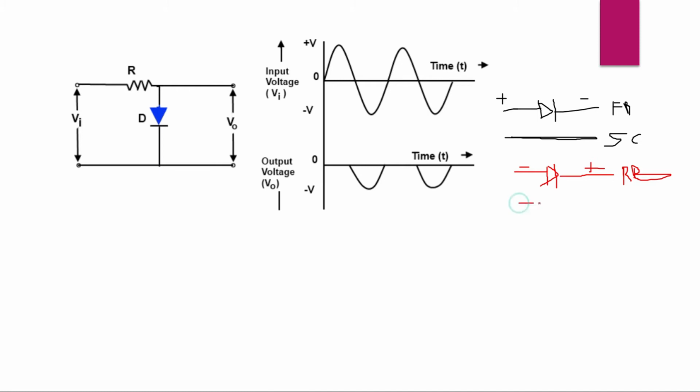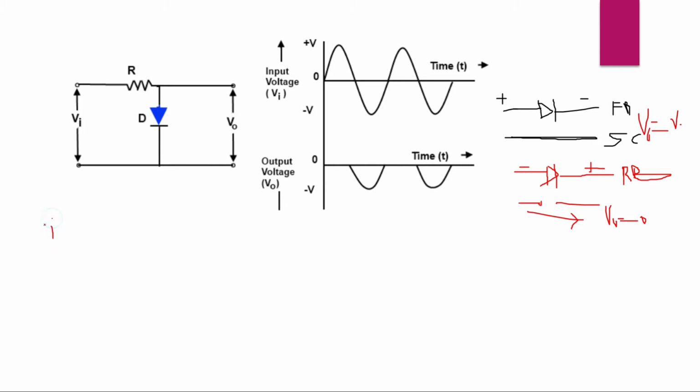In such a case, it will act like an open circuit. It means no current will flow through it. So Vo is equal to 0 across the diode, and the output Vo is equal to the maximum of whichever voltage you have given. So the same thing we are going to apply here itself.